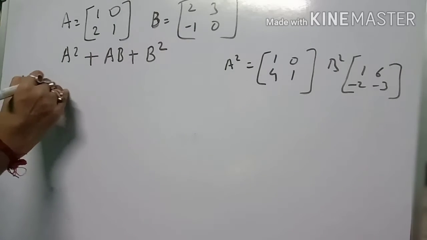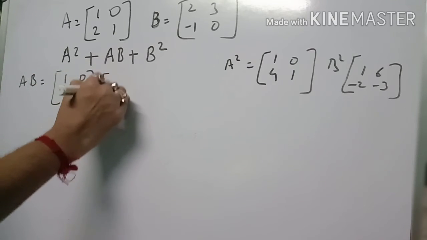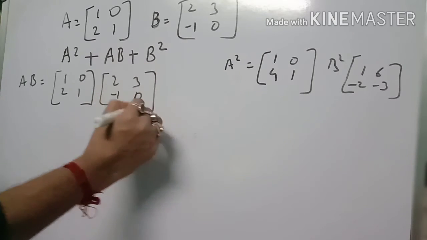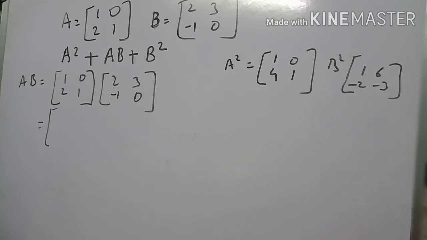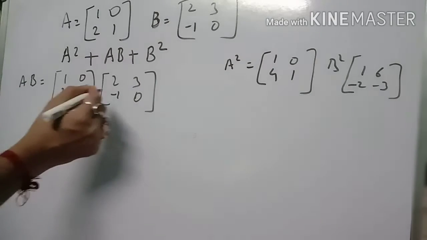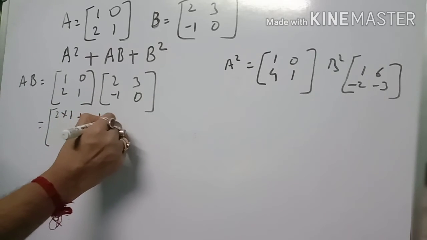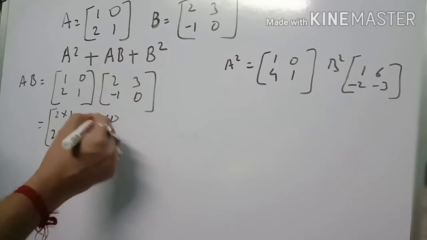Let me do AB. It's easier. One of the reasons is that it's multiplication and addition, nothing else is involved, and the order is the same for both A and B, that is 2 cross 2. As you can see, it's happening like a piece of cake.